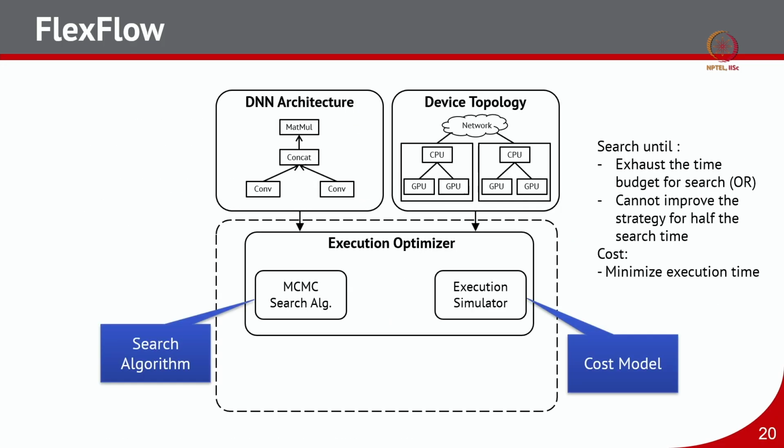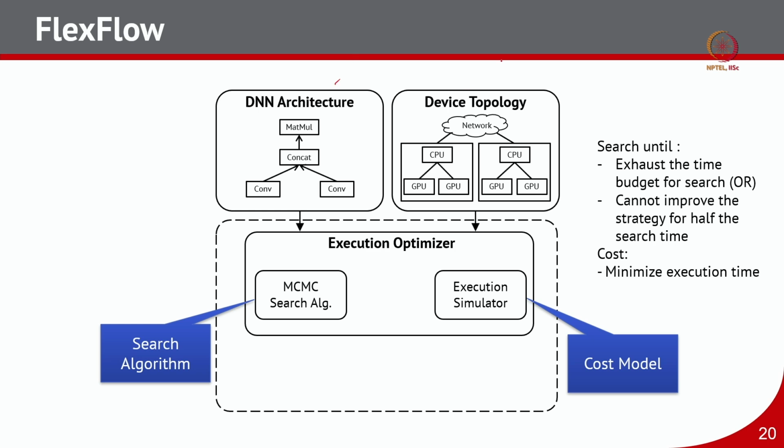Now, this technique, FlexFlow, actually proposes a systematic way to devise a technique which will automatically search for the best parallelism technique. So, let us see how it is done. The input to the technique is the DNN architecture as well as the device topology.